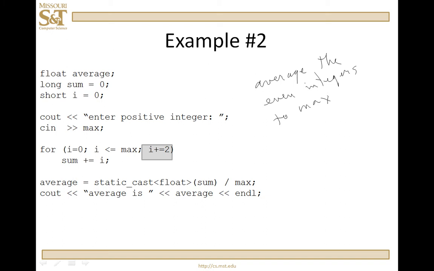Okay? Well, there's more than one way to do this, but the rest of the code is pretty much the same. I'm going to modify the loop only by modifying the update. So instead of incrementing my value I, I'm going to increment it by 2. So I start out at 0, and the next value is not going to be 1, but 2, and then 4, and then 6, etc., until I reach whatever max.